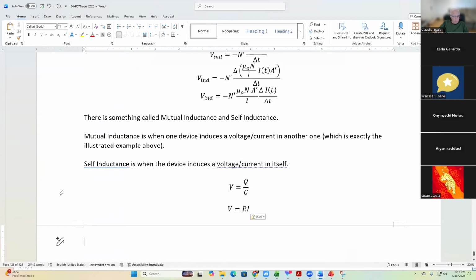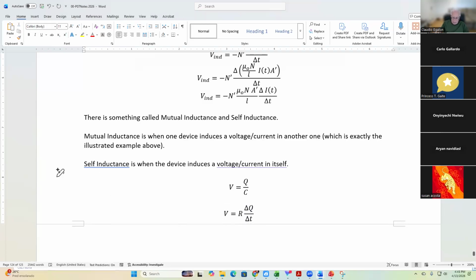Notice that for a capacitor, we have this relationship between the voltage, the charge, and the capacitance. For the resistance, we also have a similar relationship. The resistance, the change of charge with respect to time, which is nothing but the current.